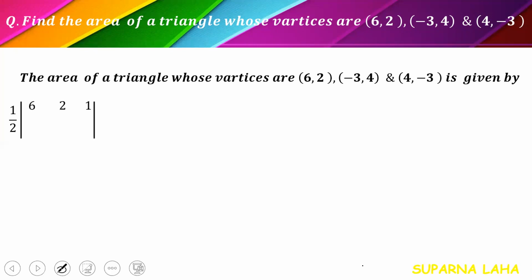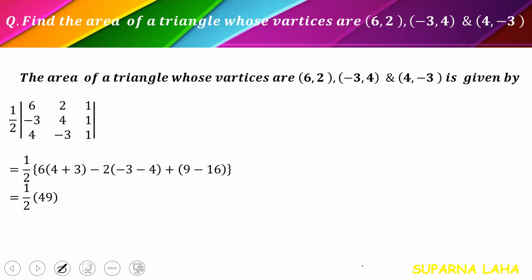So write down this determinant, that is 6, 2, 1, minus 3, 4, 1, 4, minus 3, 1, and then simplify it. You can use row or column operations, then you can find the determinant value, or you can directly break this determinant into the expansion form and find this value. I'm not explaining these calculations.